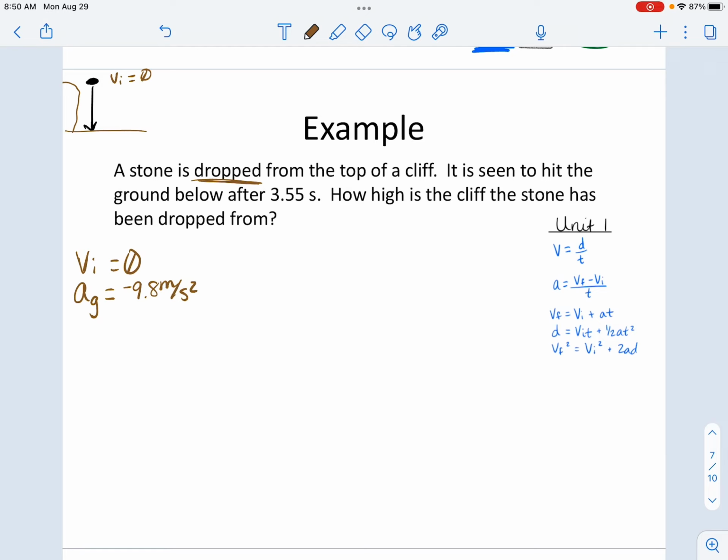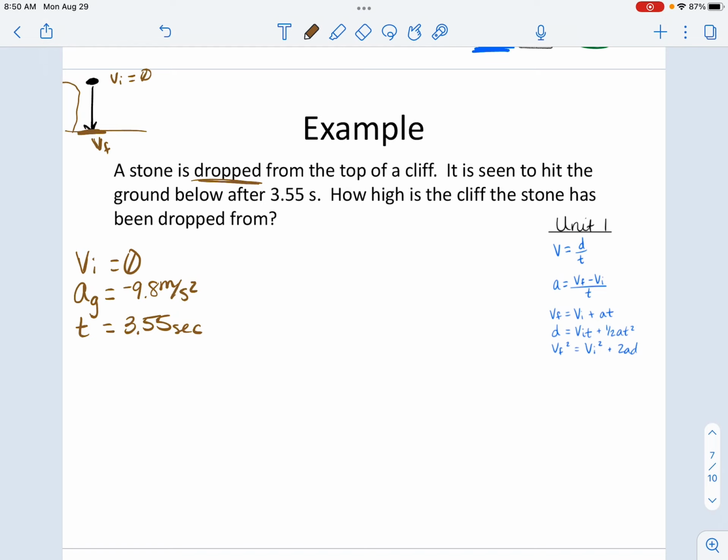So then it says that it hits the ground 3.55 seconds later. So we know that it will be in the air for a time of 3.55 seconds. And so when the story is over with, our object will be right down here on the ground. And so that'll be its final velocity or final location.